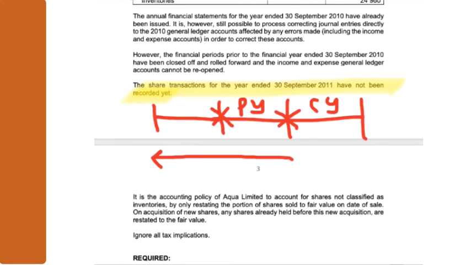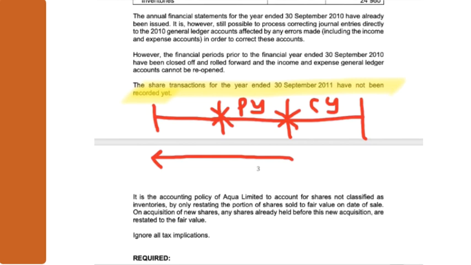But if we look at our current year financial statements, the 2011, what will I see in those financial statements? I will see the 2011 year and I will see one comparative year, 2010. I will not see the columns for 2009. Right? I won't see them because I show one year, which is the current year, and one prior year, which is 2010.